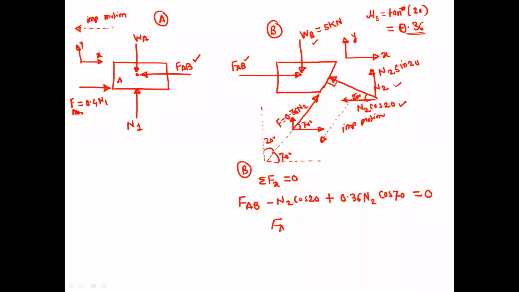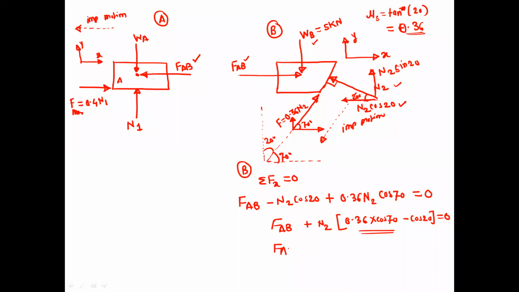So we can write this as FAB plus N2 into bracket 0.36 cos 70 minus cos 20, equal to 0. Simplify this term.